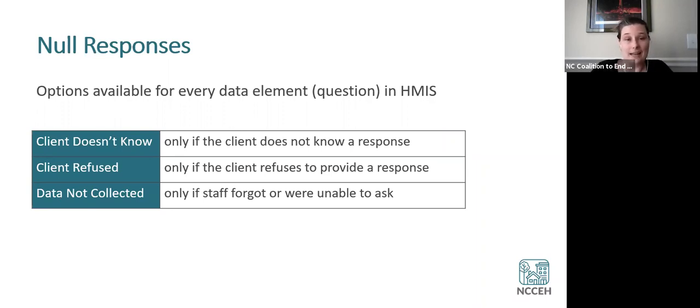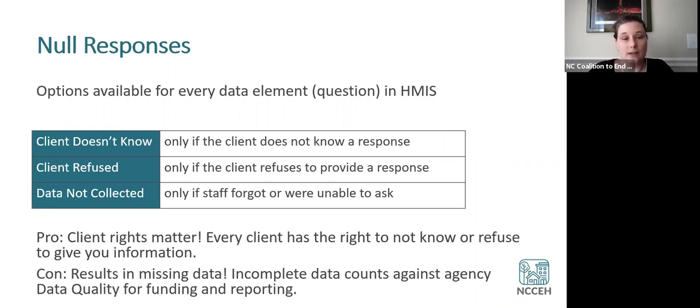Even though the client has the right to not know the information or refuse to give the information, it doesn't give us, the community, information about what's going on with that client. And so that is considered missing. So that is both okay and needs to be balanced with the rest of the clients you're serving. We're trying to err on the side of complete data, although missing data is always better than inaccurate data.